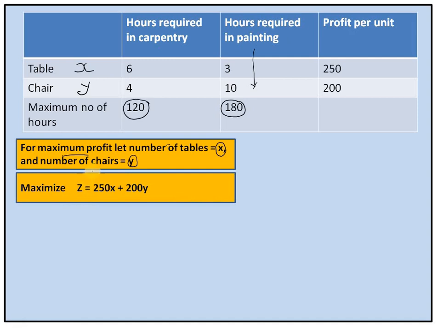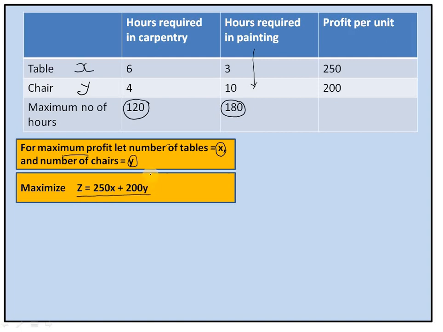Profit. Now profit with X tables and Y chairs will be 250 into X plus 200 into Y. The profit of one table is 250, so for X tables it is 250X. The profit of one chair is 200, so for Y chairs it will be 200Y. So total profit is 250X plus 200Y.